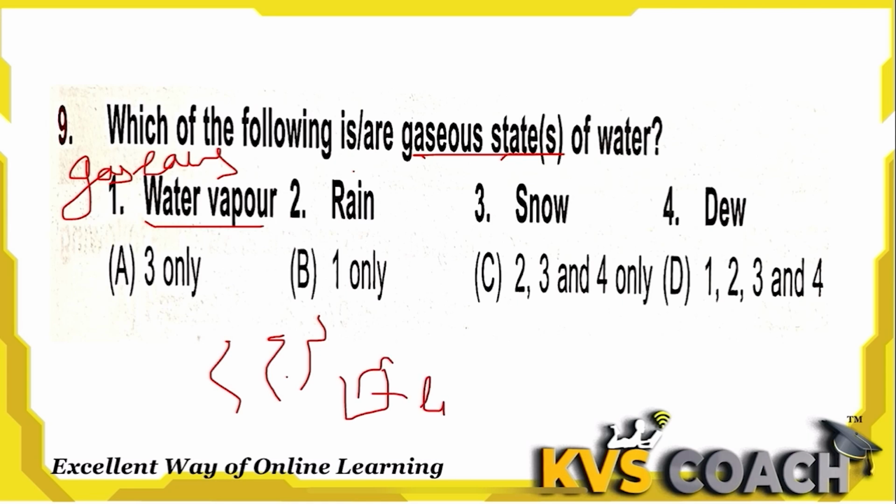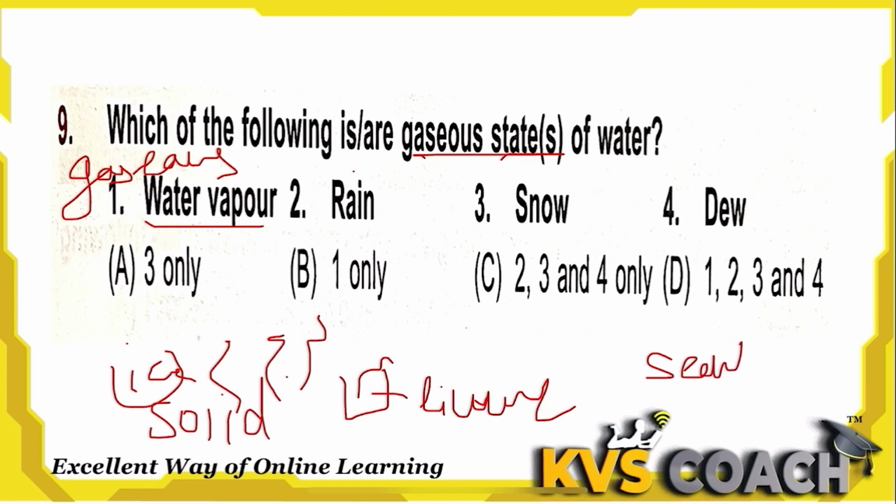That is liquid state. When it is in ice state, that is called solid state. Steam is the gaseous state of water. So water vapor is gaseous state. This one is right.